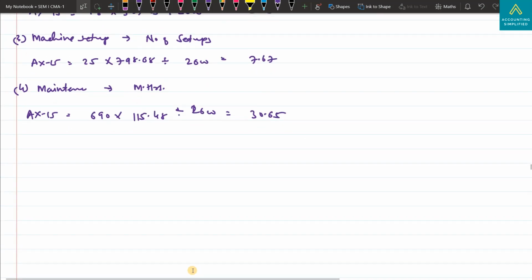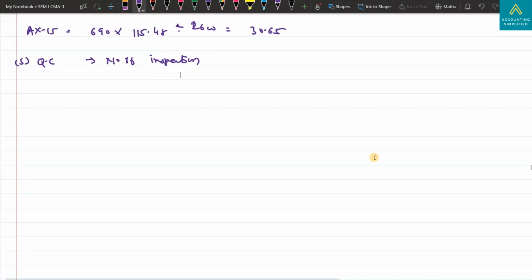Next, the fifth point is quality control, which is based on number of inspections. Number of inspections for product AX15 is 28 into 195.55 divided by 2600, it comes to 2.11.